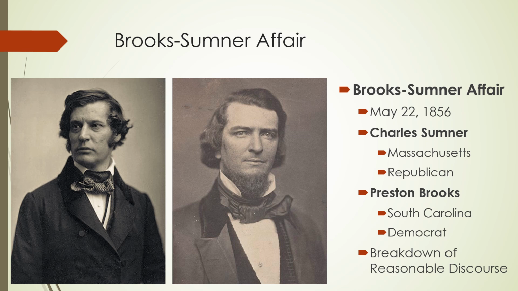He's literally assaulting a person on the floor of Congress. And it shows that this sectional crisis has been pushed to the point where there's almost no further reasonable discourse. They can't talk about it anymore. They're too divided to have a conversation at this point.